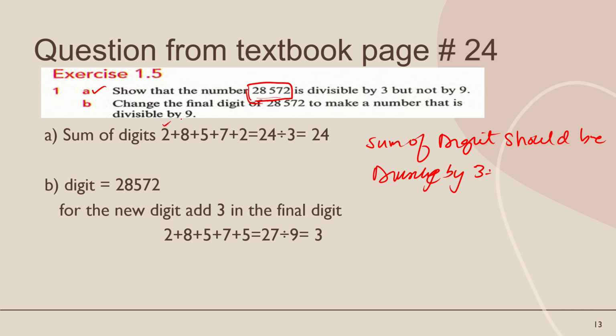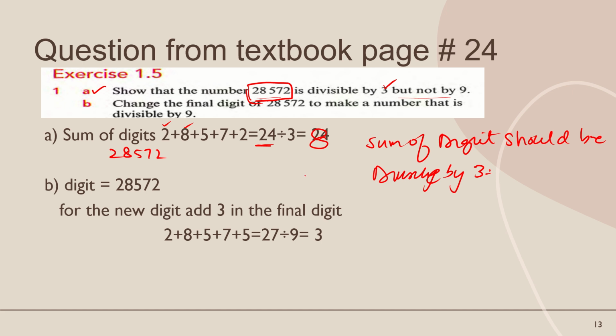The number is 28572. Take the sum of all the digits: 2, 8, 5, 7, 2, we get 24. So 24 is completely divisible by 3, since 3 times 8 is 24. So the sum of the digits is completely divisible by 3, and 28572 is divisible by 3 but not by 9.